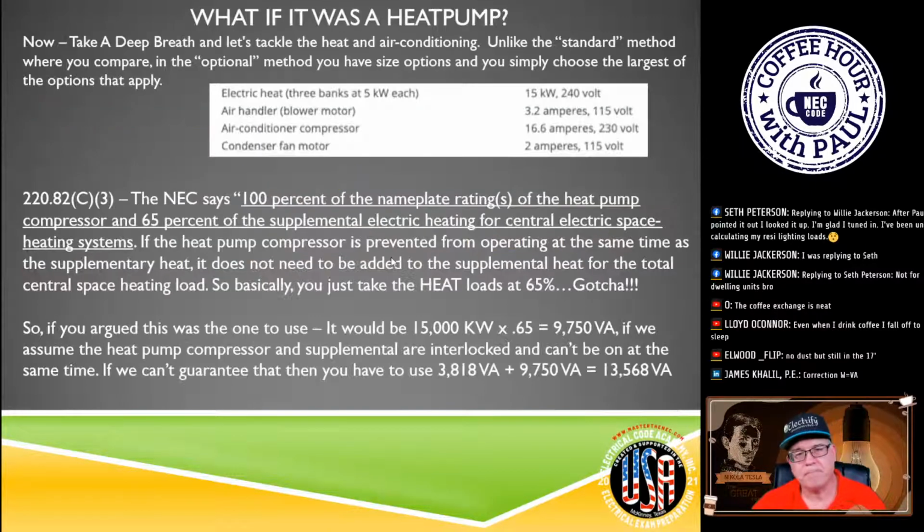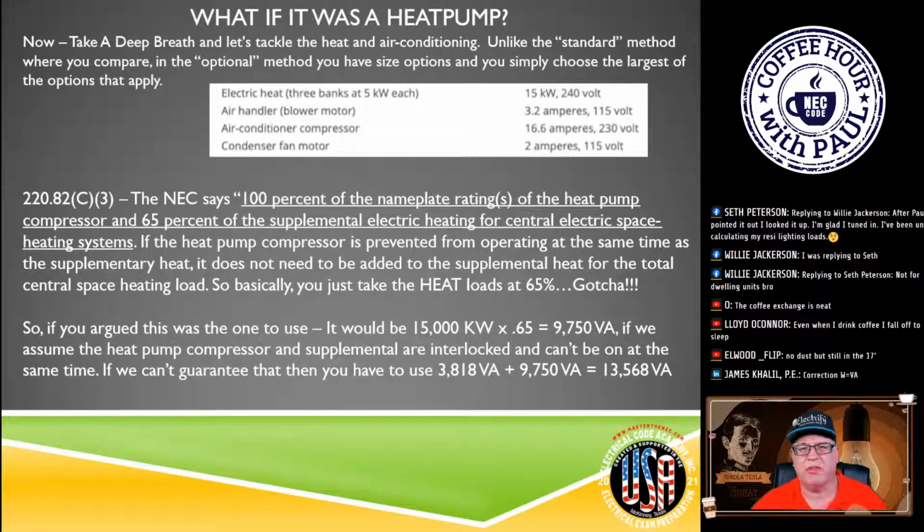Okay. All right. Now let's give you a what if. I like to do what ifs. Here's a what if scenario, right? The what if is you're saying to yourself, you know what, Paul, I think that is a heat pump, and I think that it does have supplemental heat. Okay. I'm game. So if we do that, here's what we're doing.